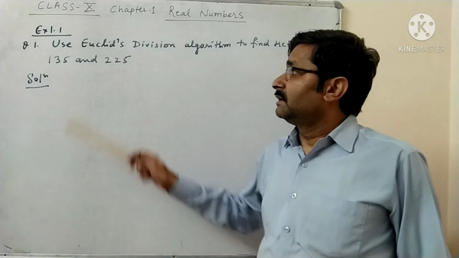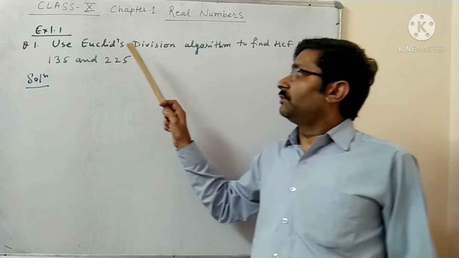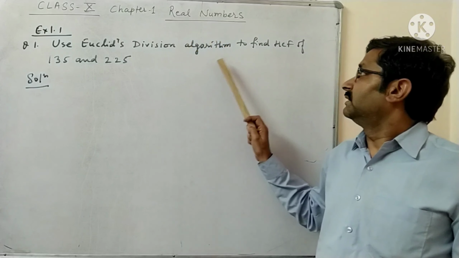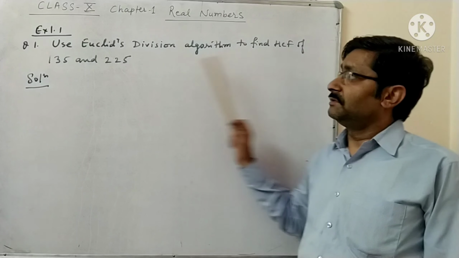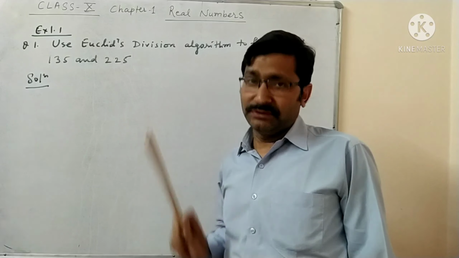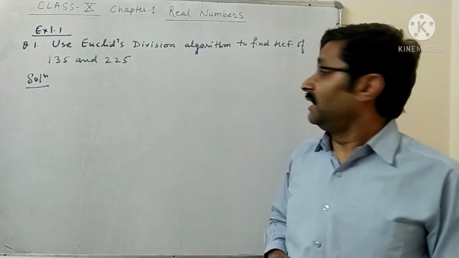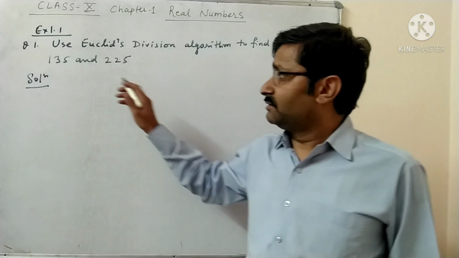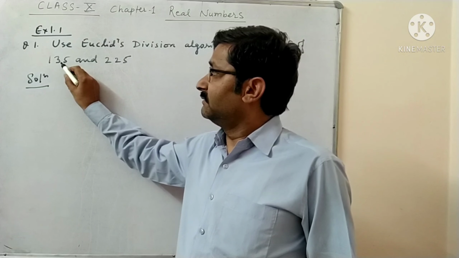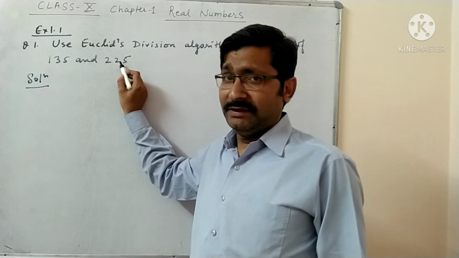Look here students, we will use the Euclid division algorithm to find the HCF of 135 and 225. I will explain the division algorithm. First of all we will write 135 and 225.